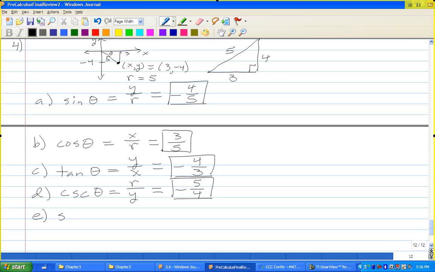E, secant, which is r over x. Oh, they didn't do cotangent. r over x, 5/3.